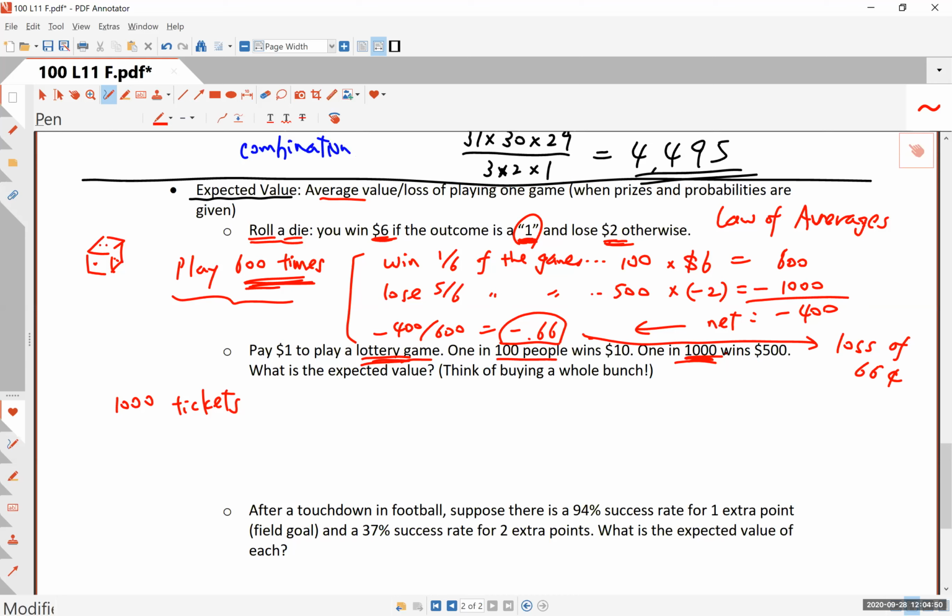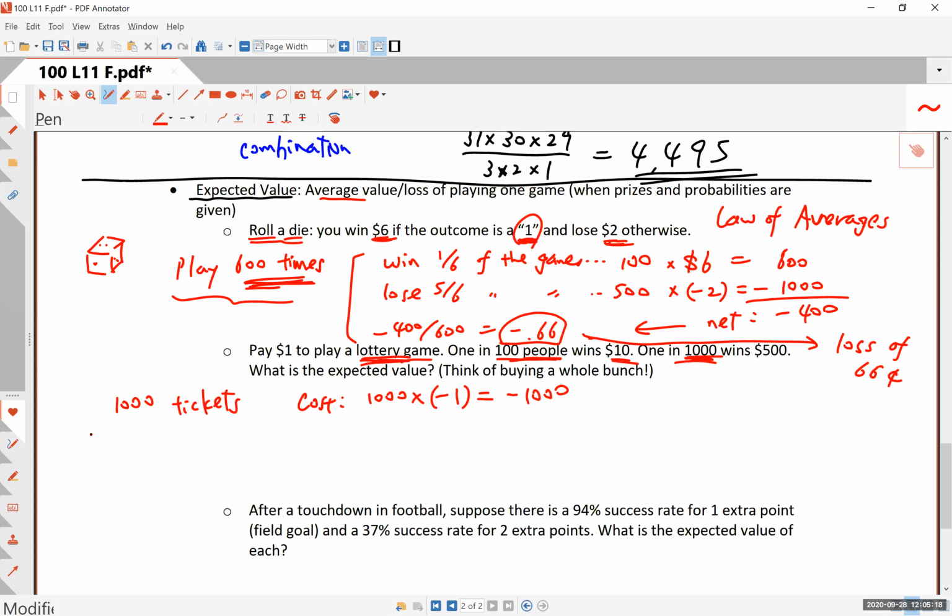Now the cost is, of course, every time you buy a ticket, you lose $1. That's how much it costs. So you lose $1,000 just by buying 1,000 tickets. So $1,000 is your loss. But 1 out of every 100 people wins $10, right? Now, how many people win?